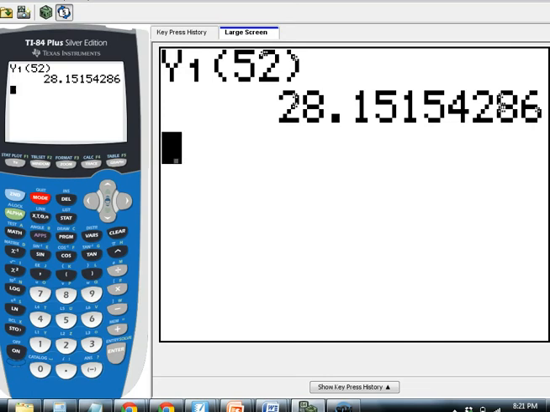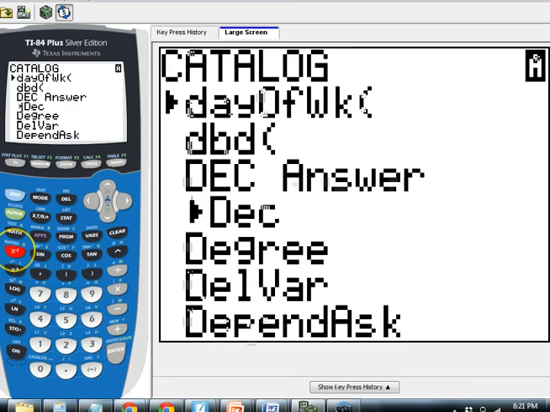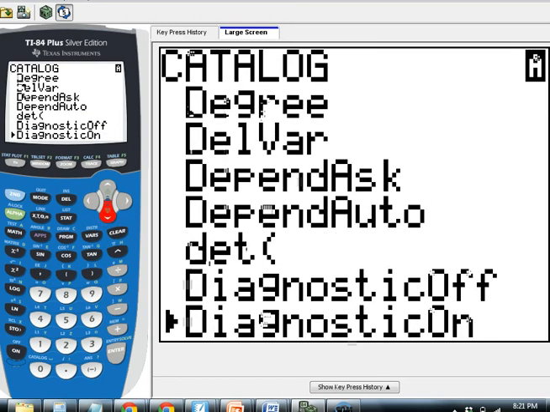Some of you may already see R squared on your calculator. To make sure that your calculator is set up to give you this, all you need to do is go to the catalog feature, which is second 0, and that pulls up a catalog of all the available functions for the calculator. You're going to want to scroll down to the D section, and you can press the alpha D key to get there faster.